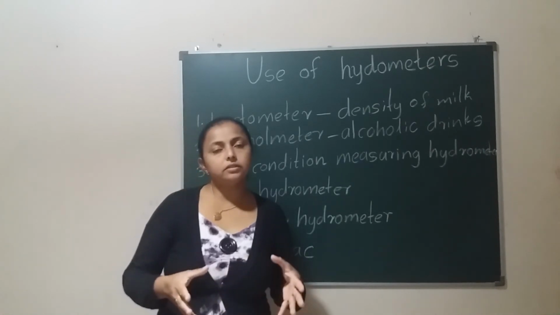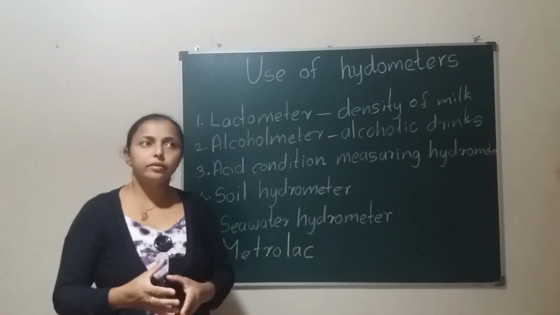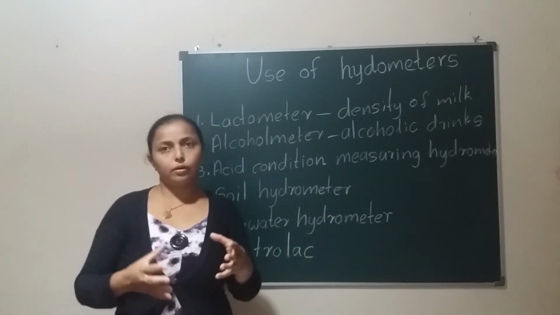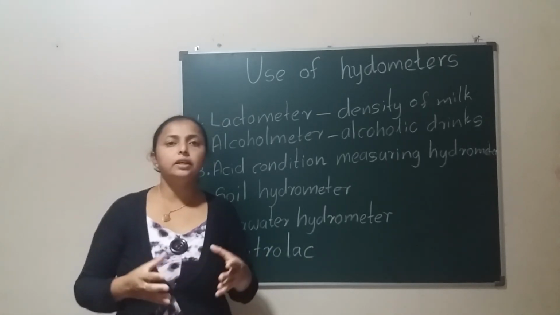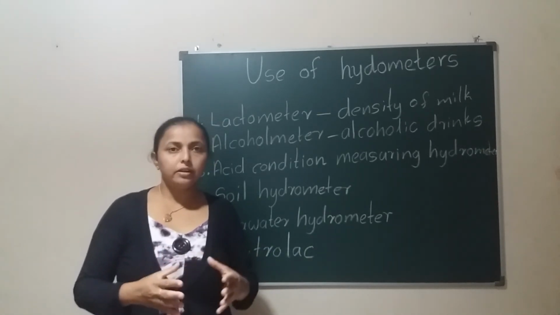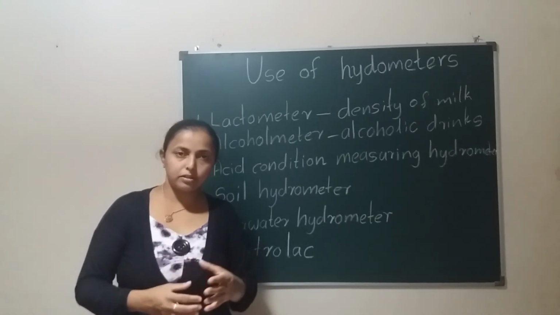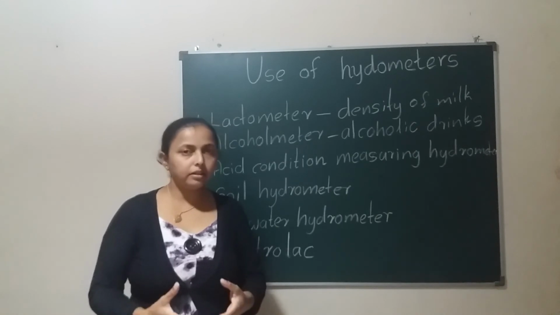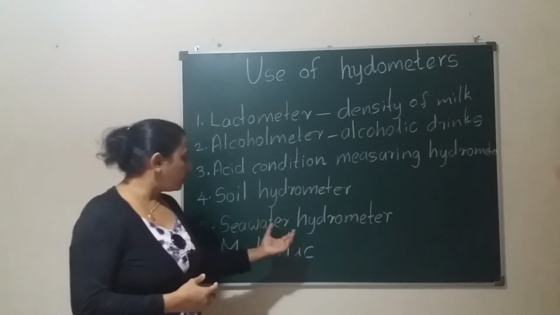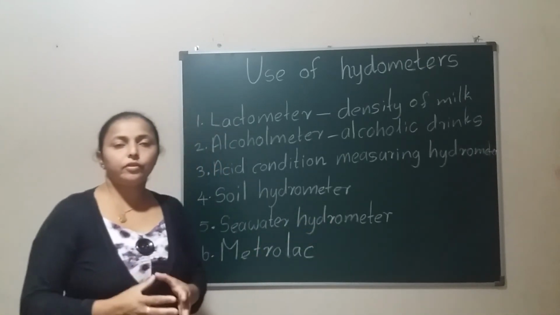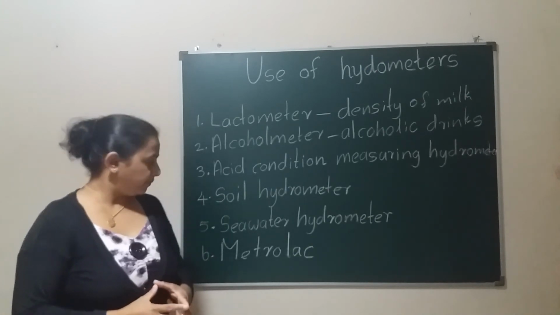In different seas and oceans, the density of the sea water changes. The salt concentration also changes. Then using the seawater hydrometer, we can measure the density of that sea water.